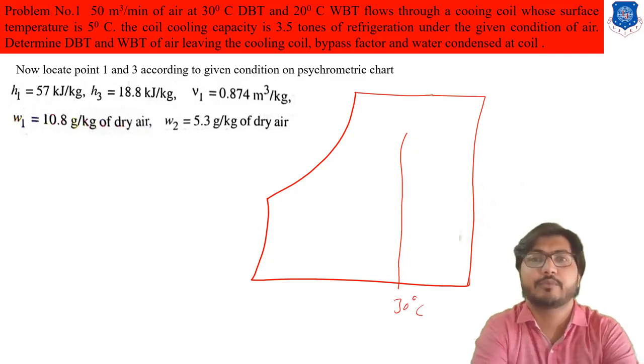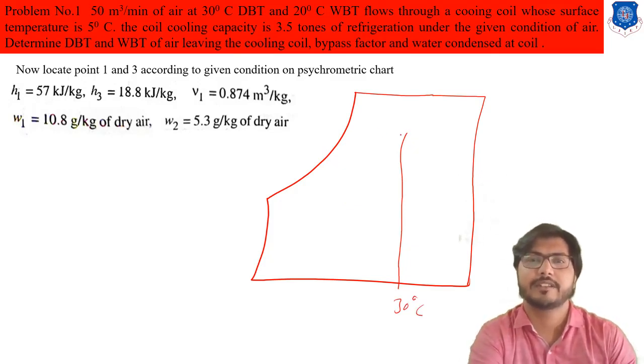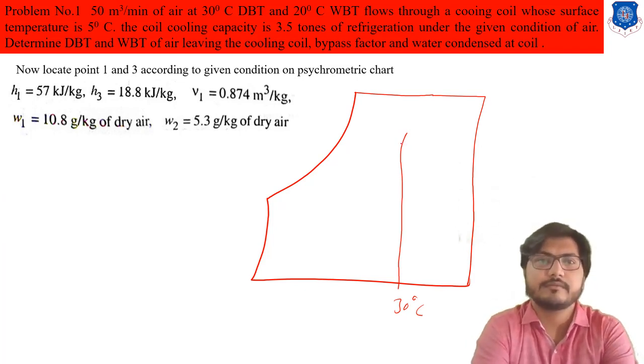And point number 3 is the coil temperature, which is given as 5 degrees centigrade. Locate these two points and we obtain the values H1, H3 and V1.